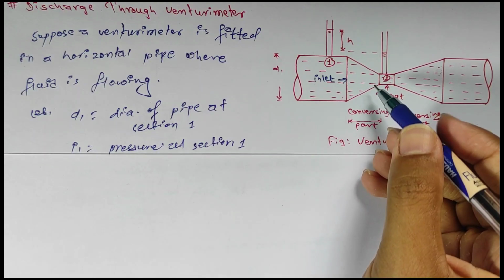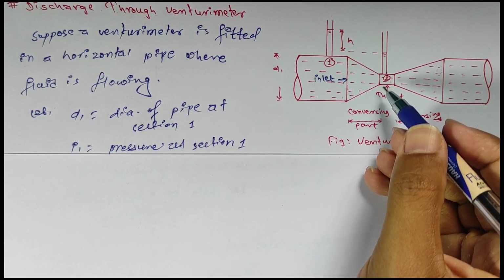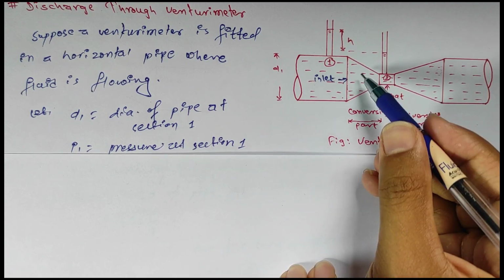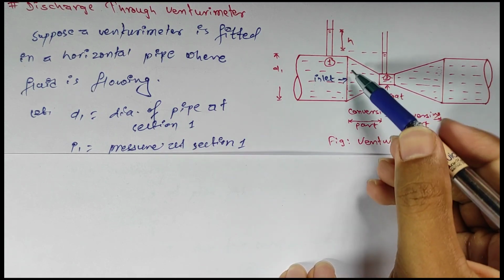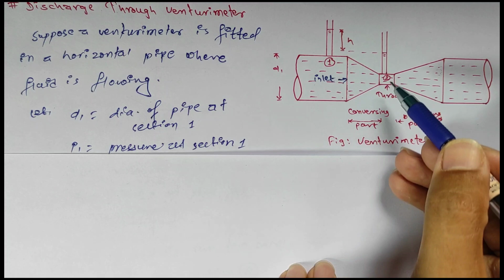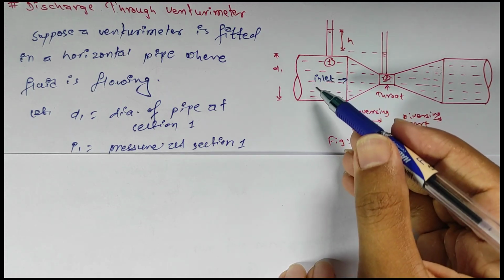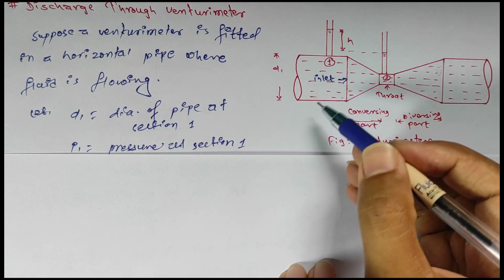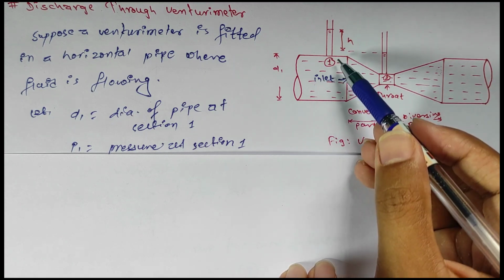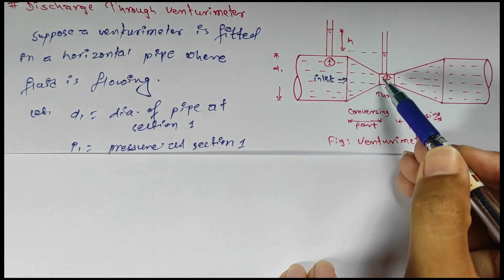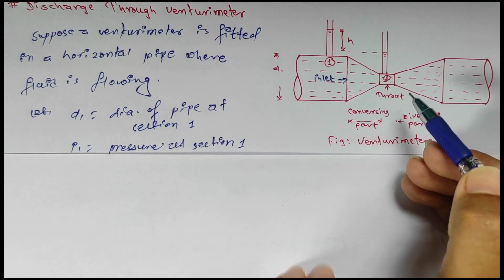We should use 2 equations here. One is Bernoulli's equation, another one is the continuity equation. Bernoulli's equation says that the total head at section 1 and section 2 should be equal. Total head is the sum of pressure head, datum head and velocity head. So we can equate the head at 1 and 2.